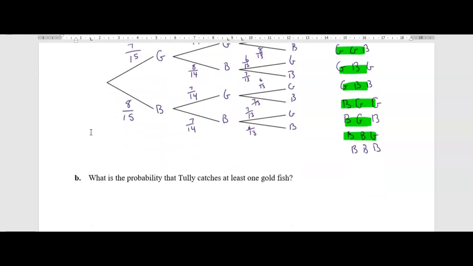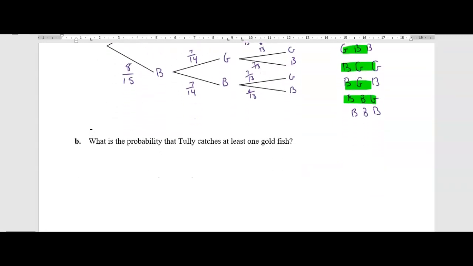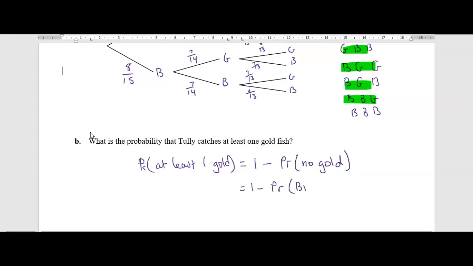So the easiest way to do this question is the probability of at least 1 gold is equal to 1 minus the probability of no gold, which is 1 minus the probability of BBB.